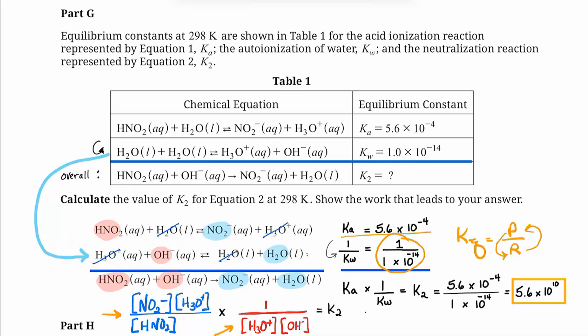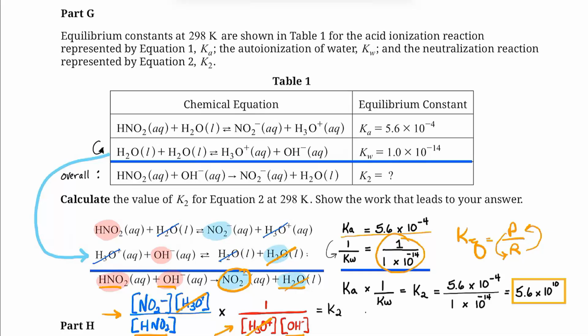If you multiply them together, you can see that we essentially cancel this, and we're left with NO2 minus as a product. And if you look at your two reactants, when you multiply them together, you have HNO2 and hydroxide. There they are here. Notice there's no water here because water doesn't get into the equilibrium constants, because solids and liquids do not apply. Liquids, of course, do not have a molarity. So that's how it works.